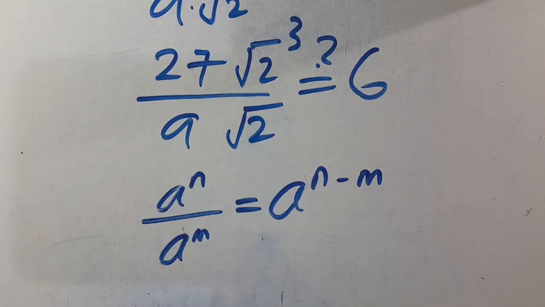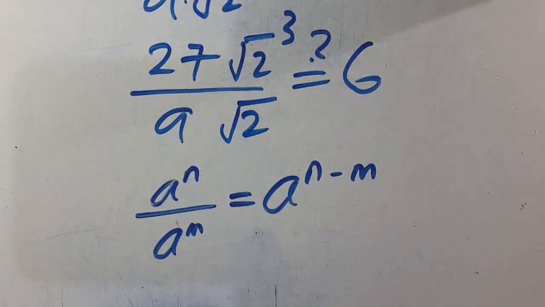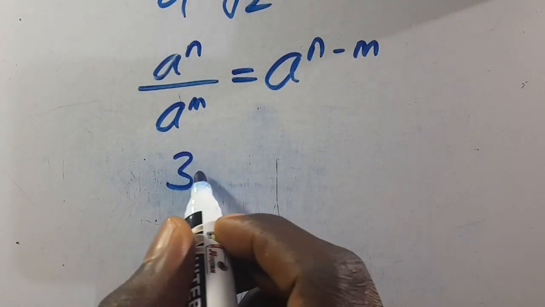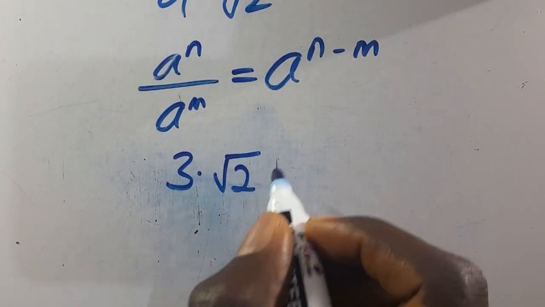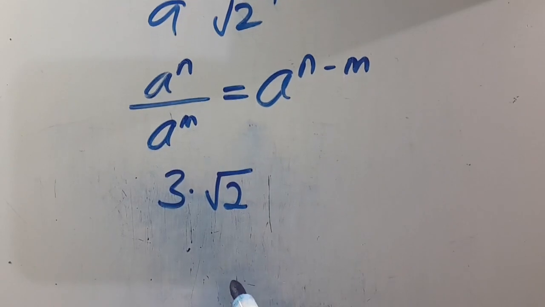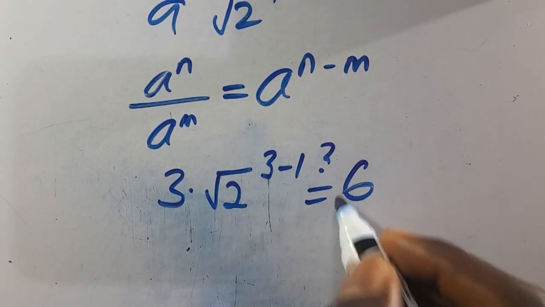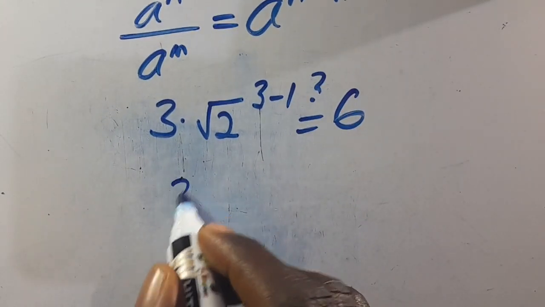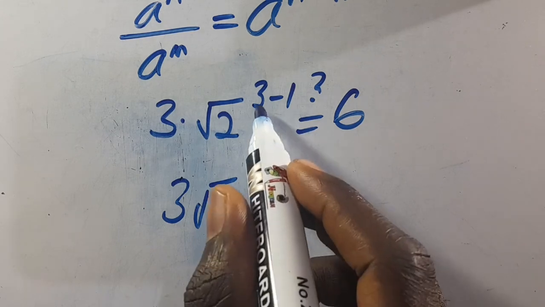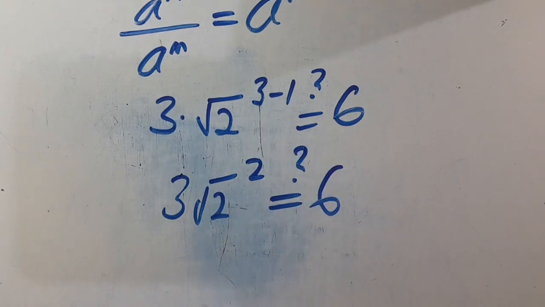So this and this have the same base. We can have 27 divided by 9 will give us 3, multiplied by root 2 to the power of 3 minus 1, as this one has power 1. Then it's going to give you 6.